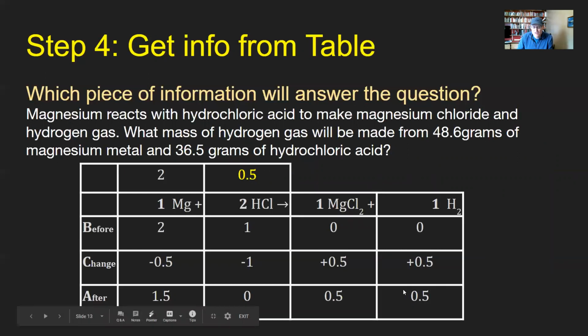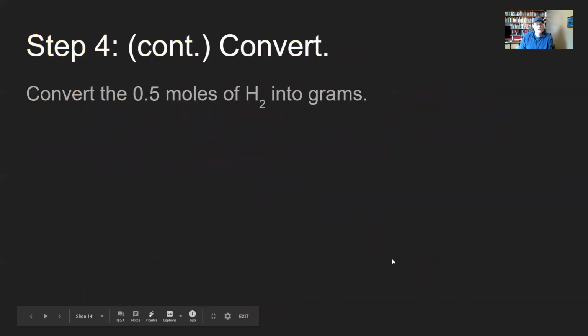So here is the 0.5 moles of hydrogen gas that gets made, which we need to convert into grams, because the question didn't ask for moles, it asked for mass. I'll give you a moment to try and convert the 0.5 moles of hydrogen into grams.